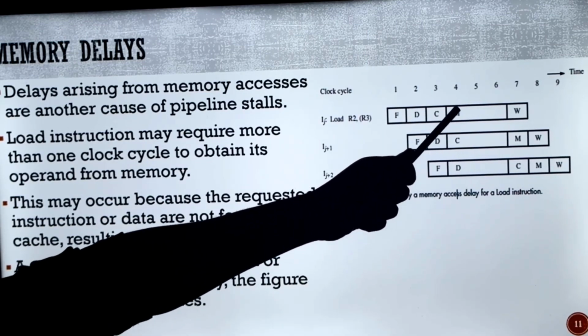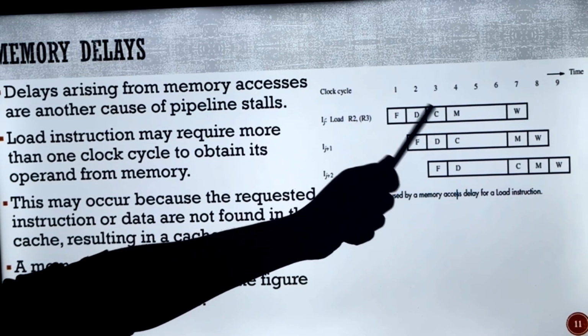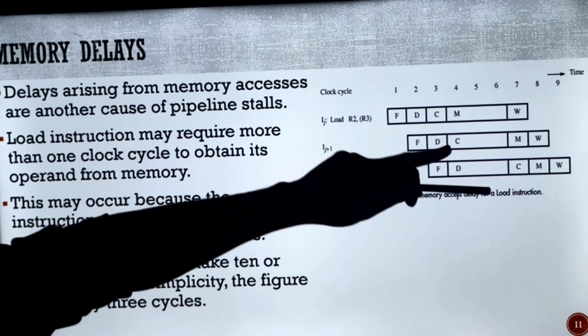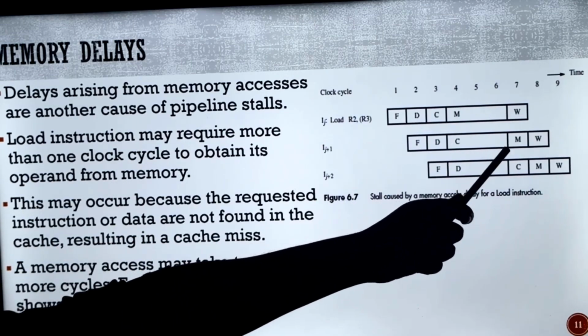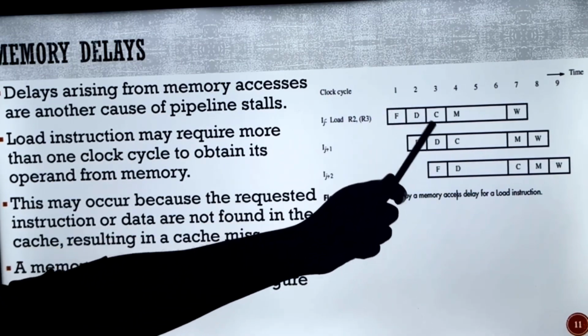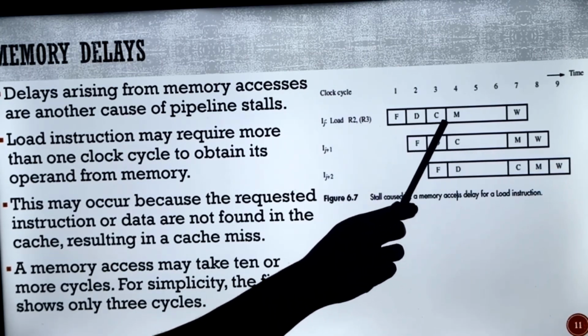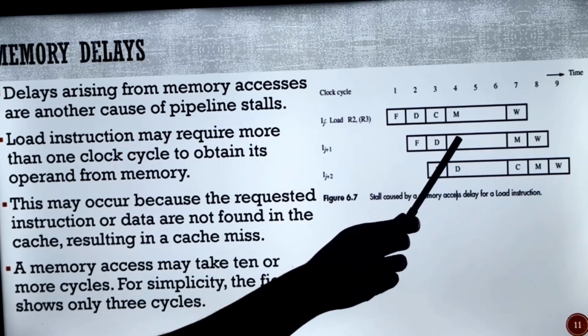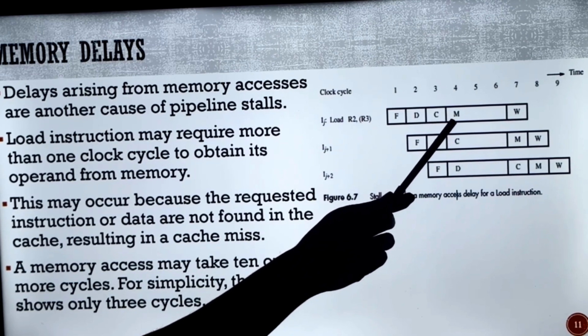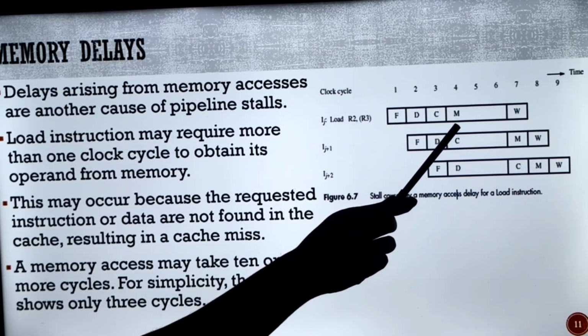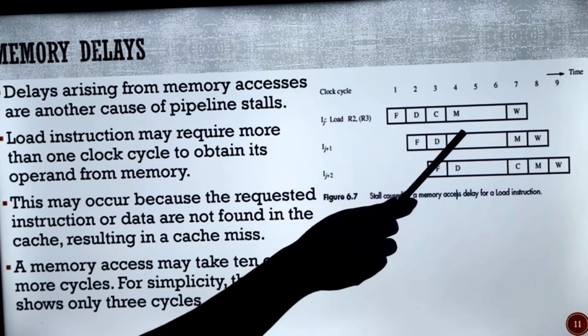So if you are waiting in the memory access stage for the first instruction, you have to wait that much time for the second instruction as well, if they are interlinked, if they are connected to each other. This is how memory hazards occur when the data is not easily accessible from memory. It may be from the cache, main memory or virtual memory, and it may take more than one clock cycle.